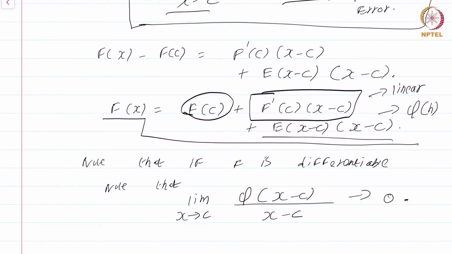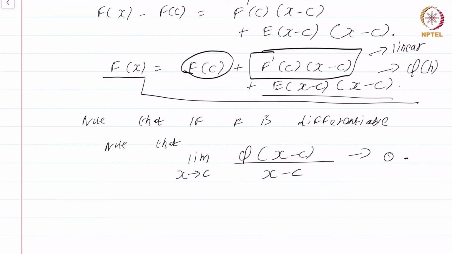Well, why is that the case? Let's just substitute: phi of (x minus c) is just e of (x minus c) times (x minus c), divided by (x minus c). x minus c and x minus c will get cancelled, and obviously as x goes to c, this error must go to 0.